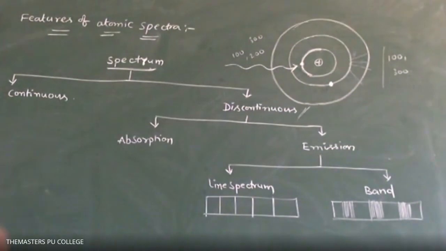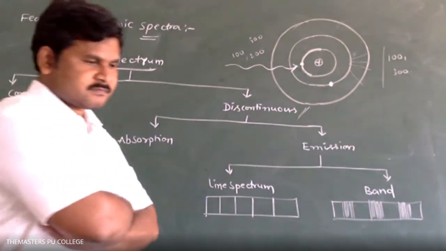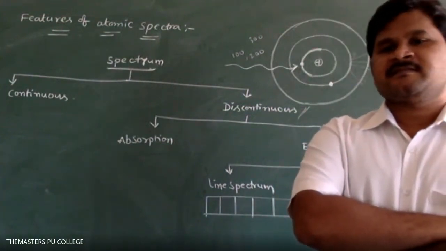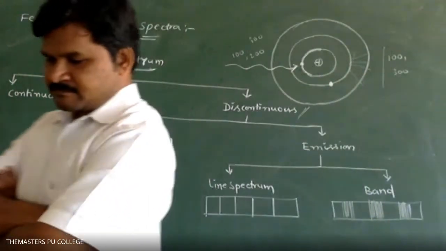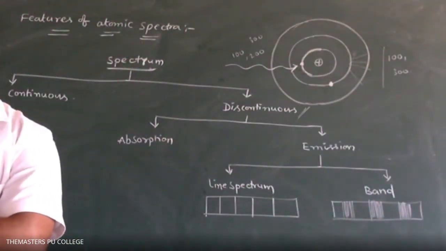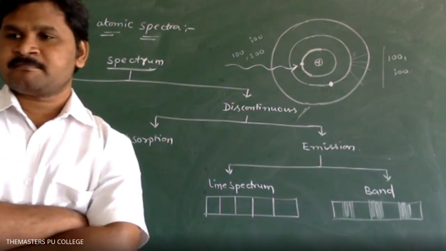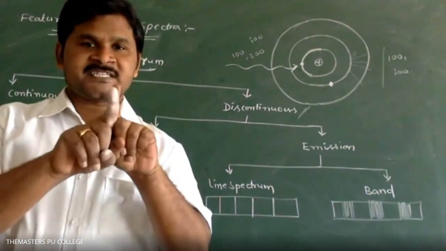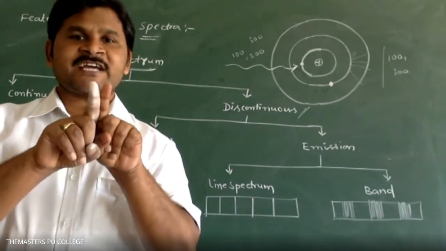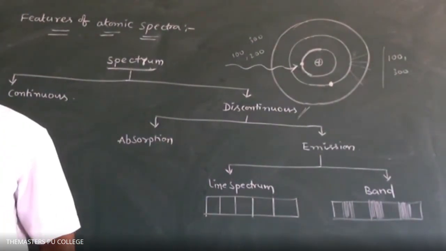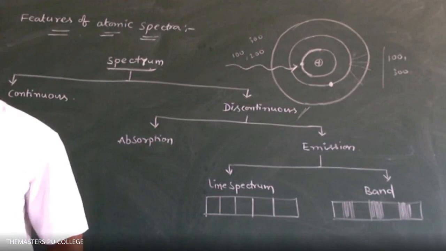Next, continuous spectrum. The spectrum in which one color merges into another without any gap is known as a continuous spectrum.